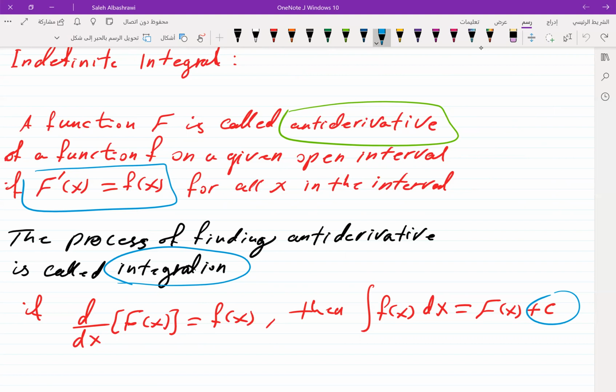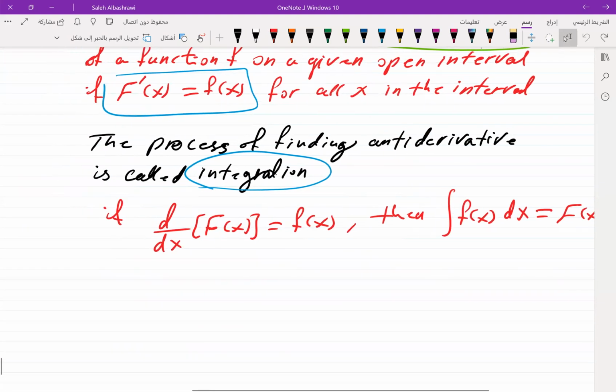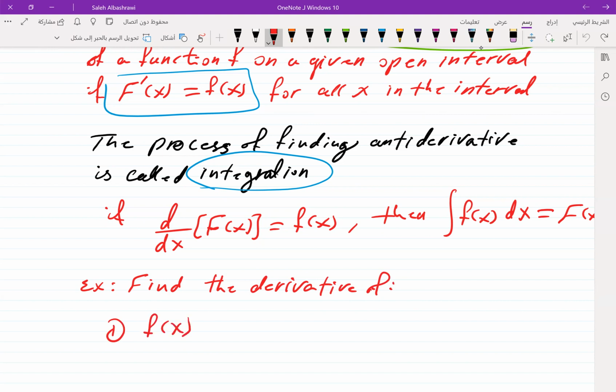To explain the idea of this constant, let's have this example. Find the derivative. Number one, f of x equals 2x squared minus 3x plus 5.